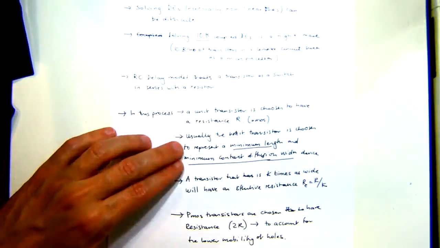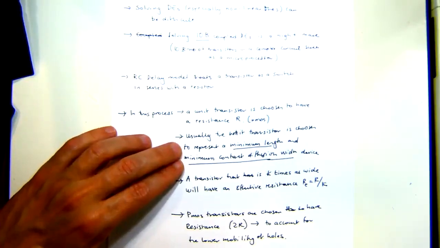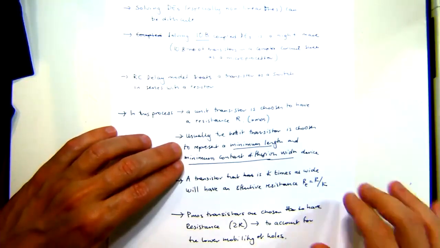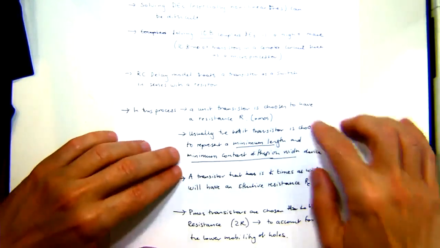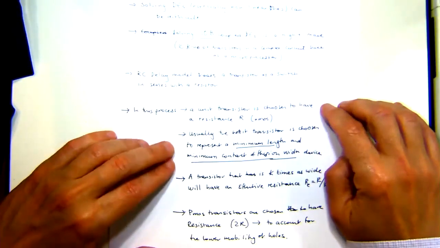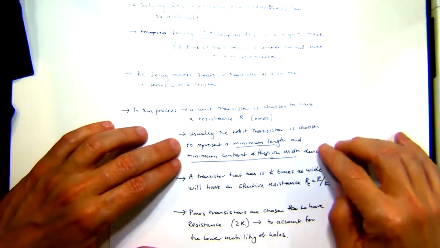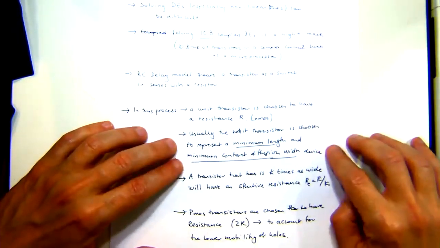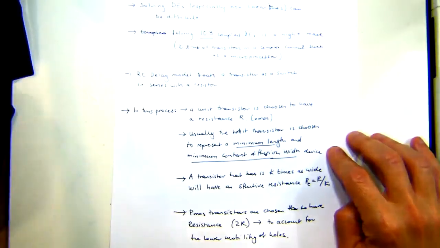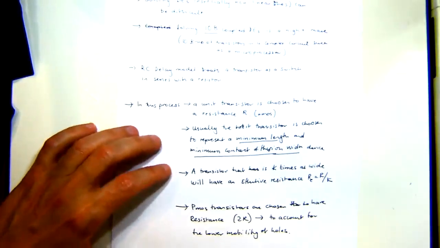Generally, when somebody tells you a geometry, they're telling you the minimum feature size. So when we're talking about a unit transistor, we're saying the minimum gate length transistor, which also has the minimum diffusion length.